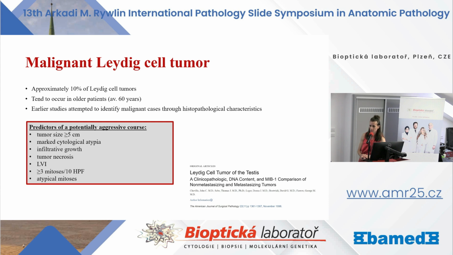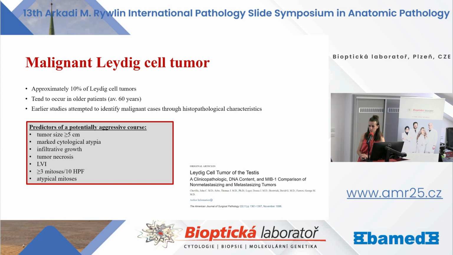Because of this problematic assessment of the biological behavior of these tumors, there were earlier studies which attempted to identify malignant cases through histopathological characteristics. In this red rectangle, we can see what are now currently established predictors of a potentially aggressive course of Leydig cell tumors.